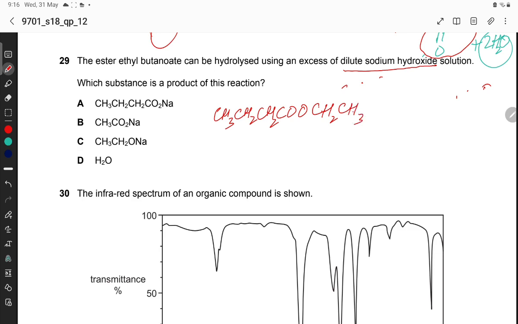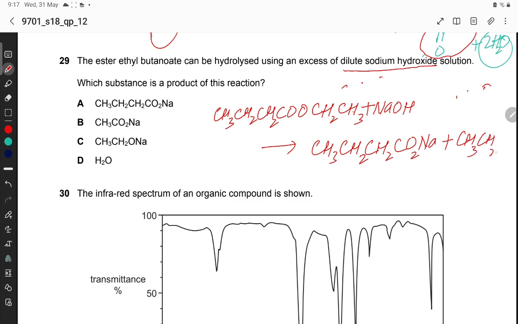This is ethyl butanoate. When using an excess of dilute sodium hydroxide, it forms CH3 CH2 CH2 CO2Na plus ethanol, CH3 CH2OH.